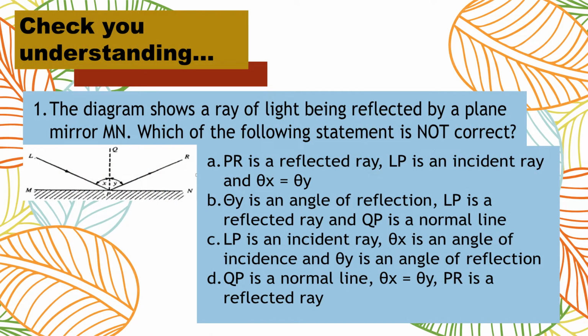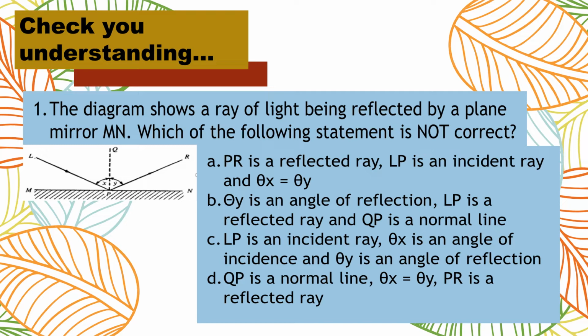Okay, so the first question is, the diagram shows a ray of light being reflected by a plane mirror MN. Which of the following statements is not correct? A. Ray PR is a reflected ray.